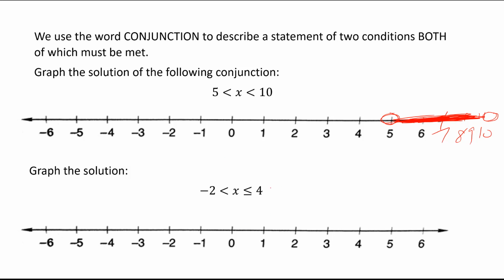We're saying a conjunction. Two things we want to be true about x. We want x to be greater than -2, so I'm going to put an open circle on -2. And we want x to be less than or equal to 4. So we put a closed circle on 4 because we want it to be less than or equal to, so equal to is allowed. And then we want all these numbers in here, the numbers that are less than or equal to 4 and greater than -2.